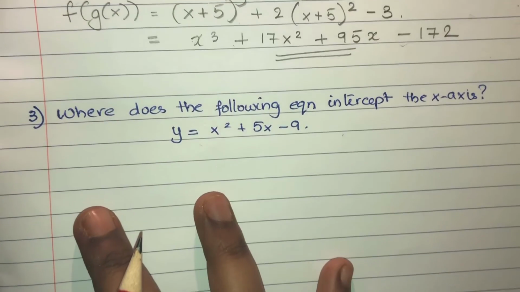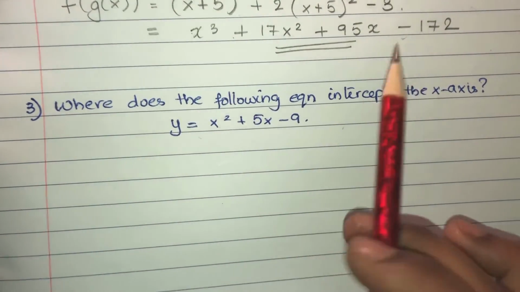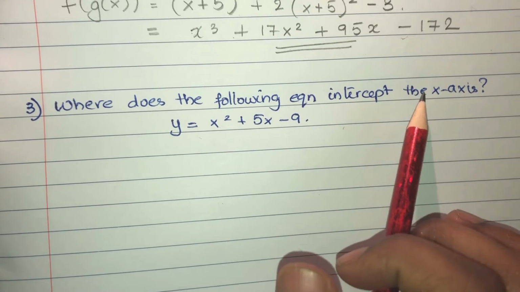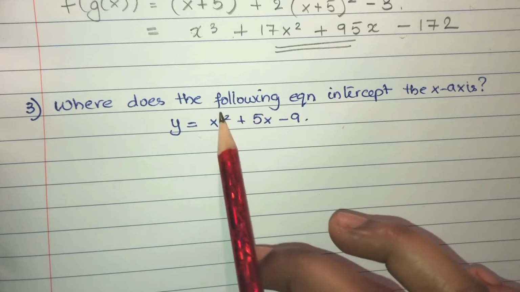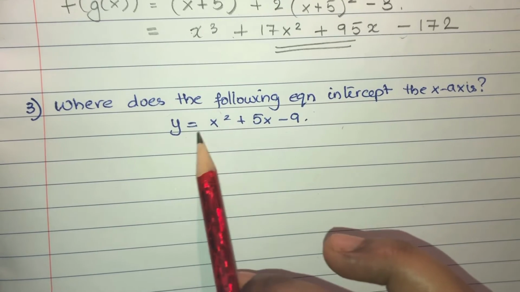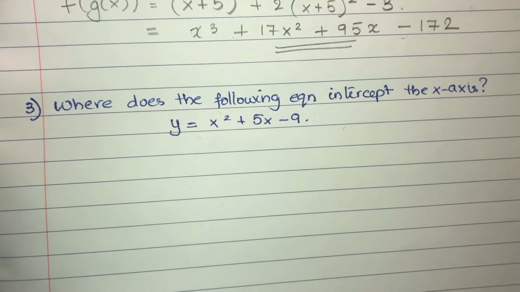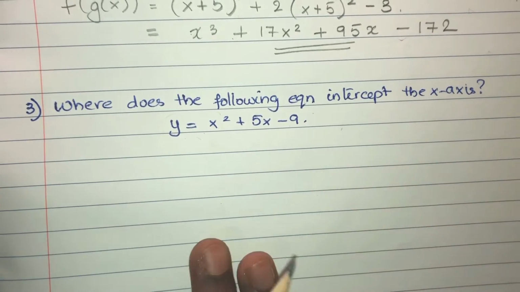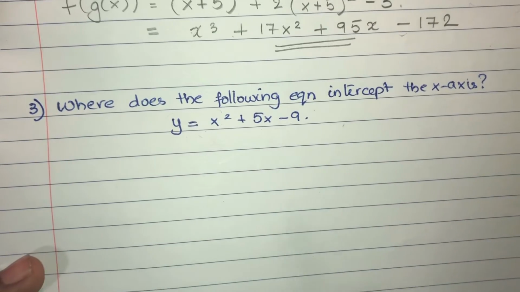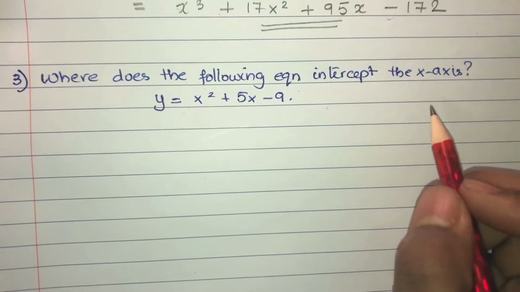Now moving to the third question. Where does the following equation intercept the x-axis? We have been given an equation, y is equal to x squared plus 5x minus 9. The x-intercept of an equation is the point at which it crosses the x-axis.